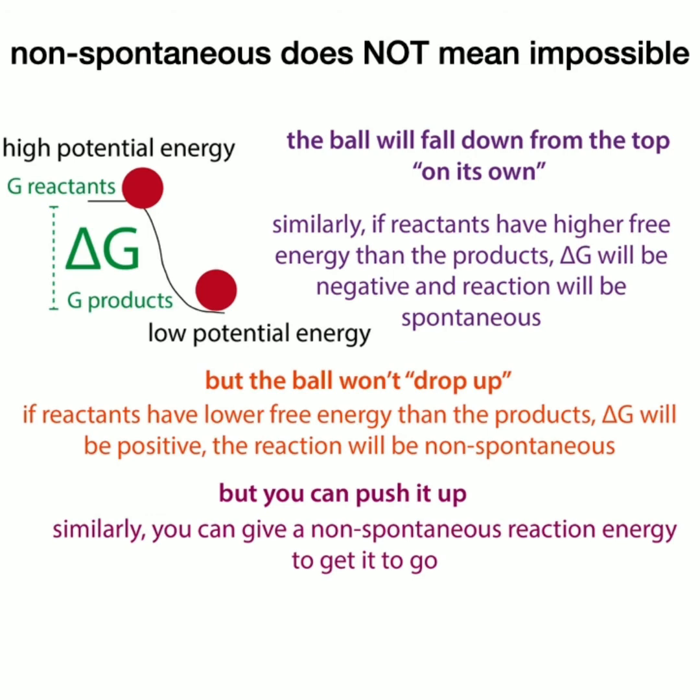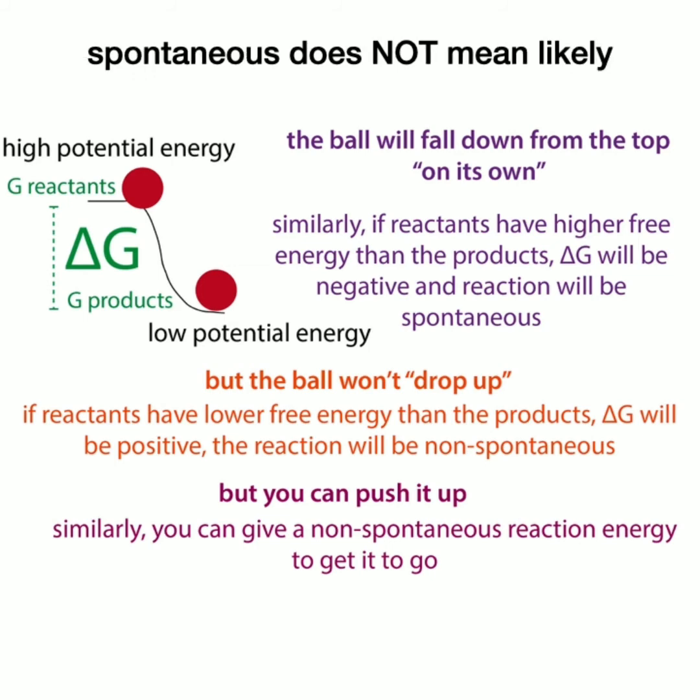The ball will fall down from the top on its own, so that would be like a spontaneous reaction. But you can also push the ball back up. It's not going to go up on its own, but you can push it back up. And so non-spontaneous reactions can happen if you give them energy to go. And spontaneous does not mean likely.